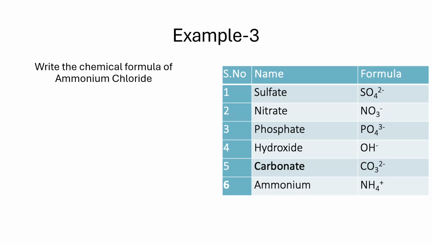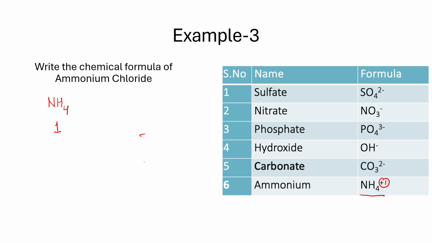Now let's write the chemical formula of ammonium chloride. So ammonium can be represented by NH4, and just as we discussed before, its valency is 1 because the magnitude of charge is 1. Why are we writing it before? That's because it has a positive charge.